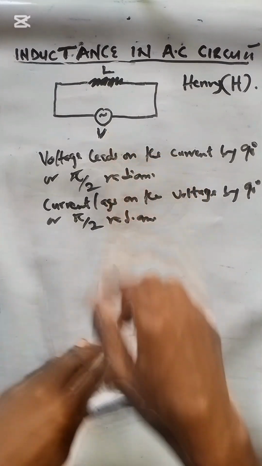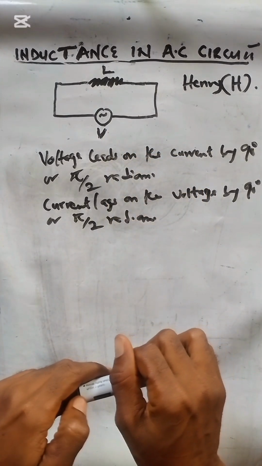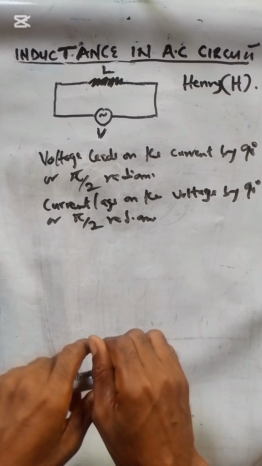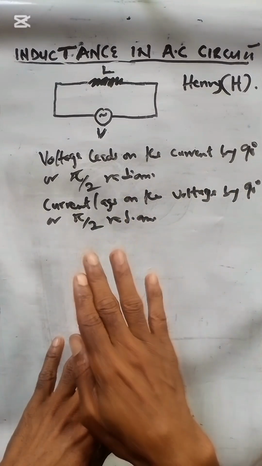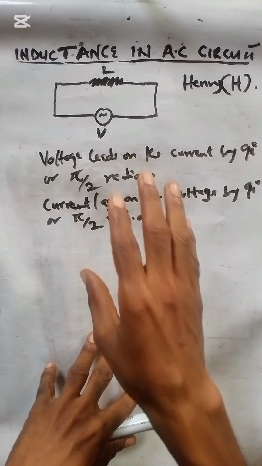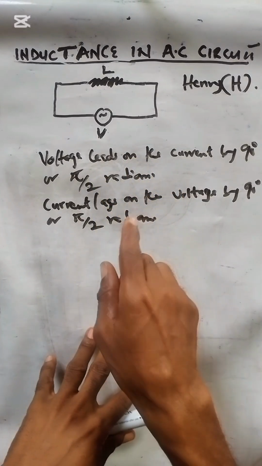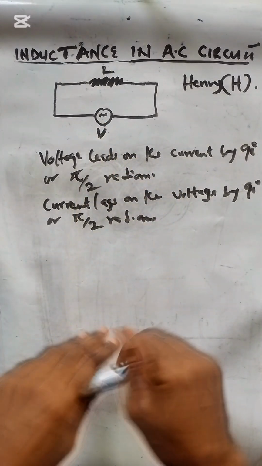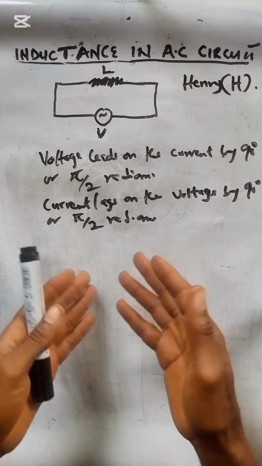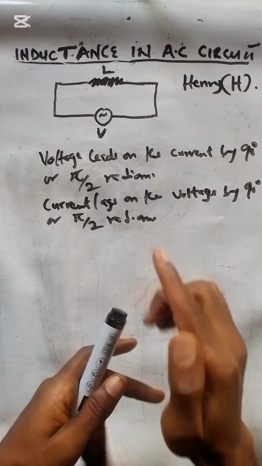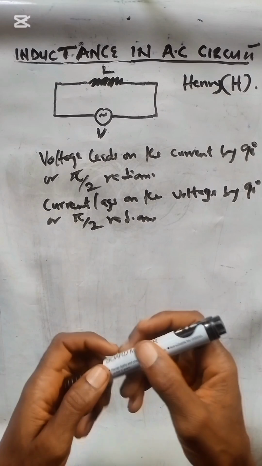The inductor does not consume energy in the circuit. What it does is that as the current increases and decreases, it stores energy temporarily in its magnetic field and gives back the energy to the source when the current decreases. So it does not consume energy.